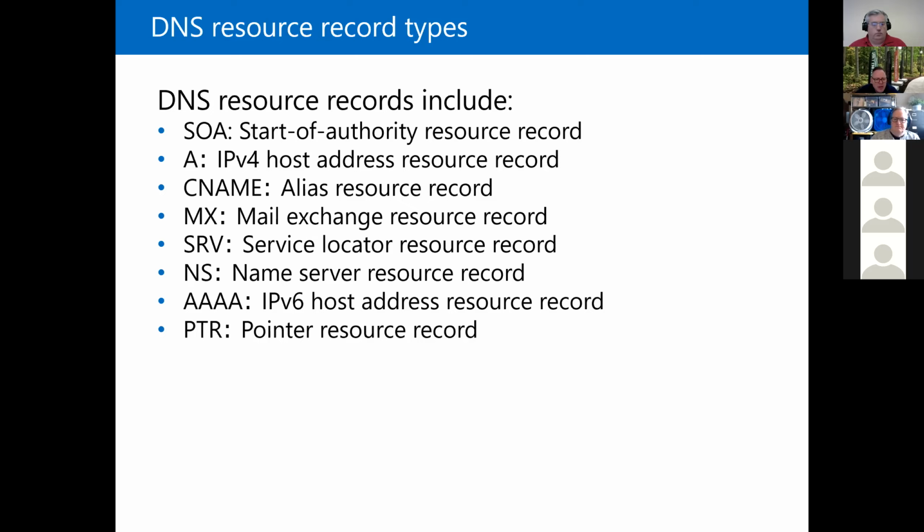And so it will look in that SRV file, and it will give you the IP address of the Active Directory domain primary domain controller, and then you'll make a connection and log in. So these different files help it resolve whatever request you're giving it.